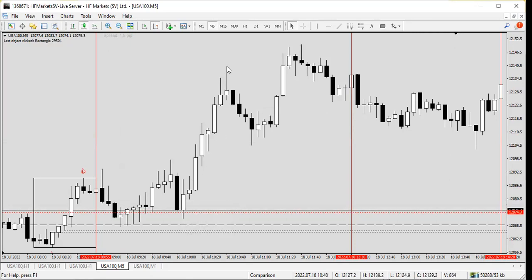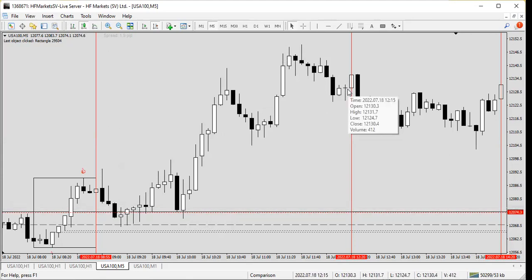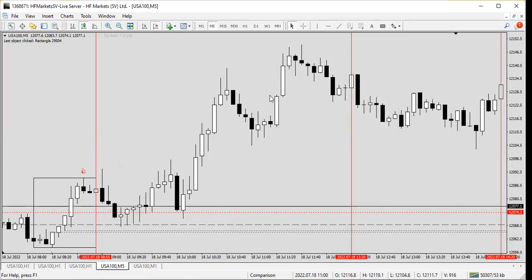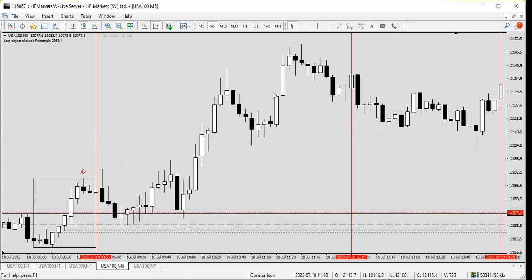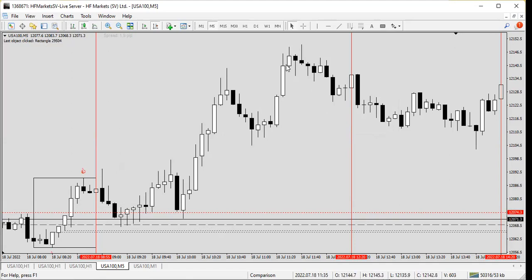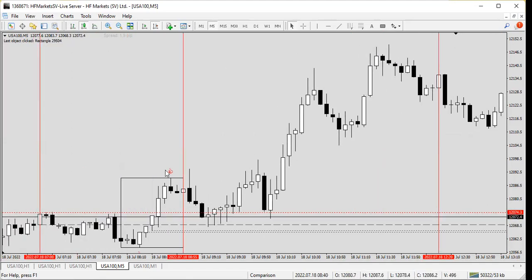Price trades up, creates a high, runs that high, then the high that runs the high stays intact for a while. This here is not the dealing range, or I'm not looking at this as a dealing range, because by definition, I'm not seeing that structure here.